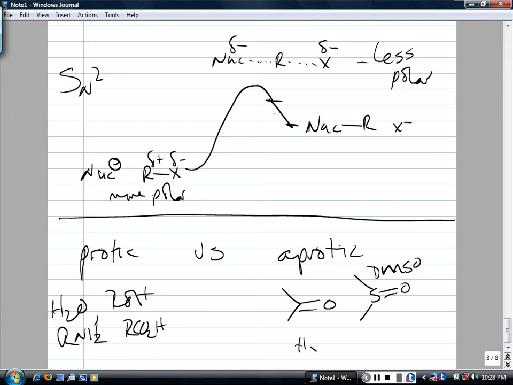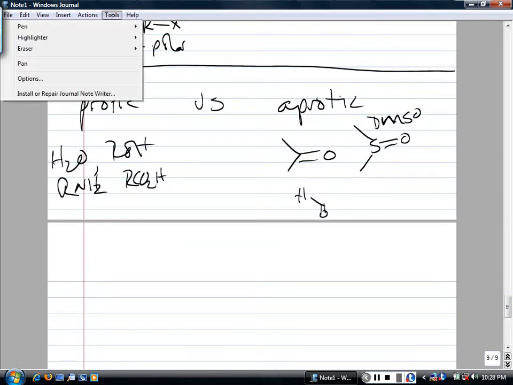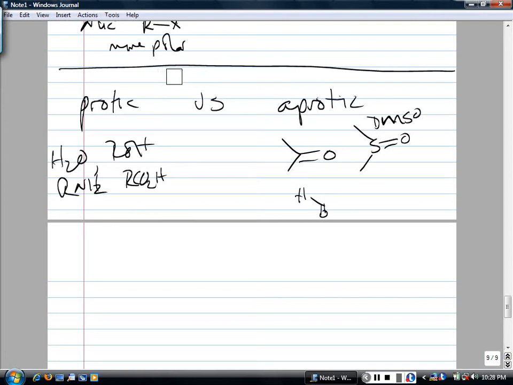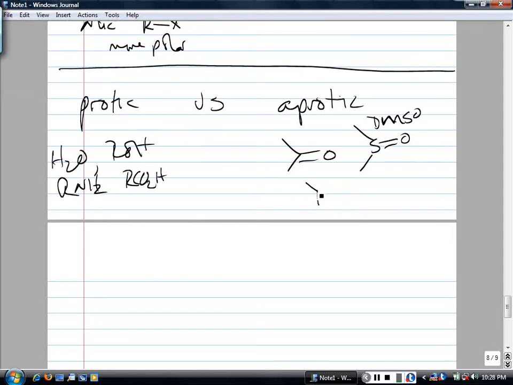This compound is called DMF, which is an acronym for dimethyl formamide. This is the formamide group. So these are aprotic solvents.